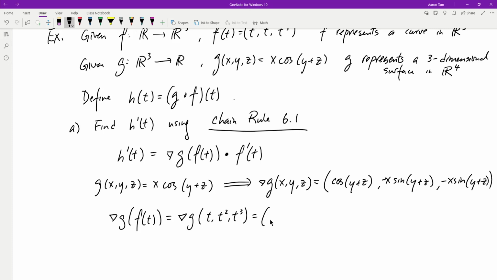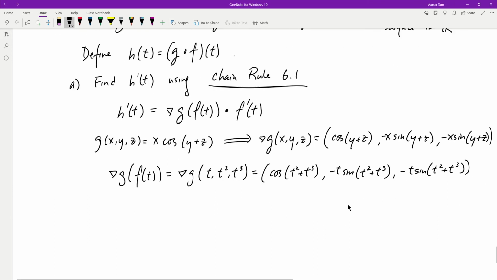Therefore, it becomes (cosine of t squared plus t to the third, negative t sine of t squared plus t to the third, negative t sine of t squared plus t to the third). That's what the gradient is going to be.